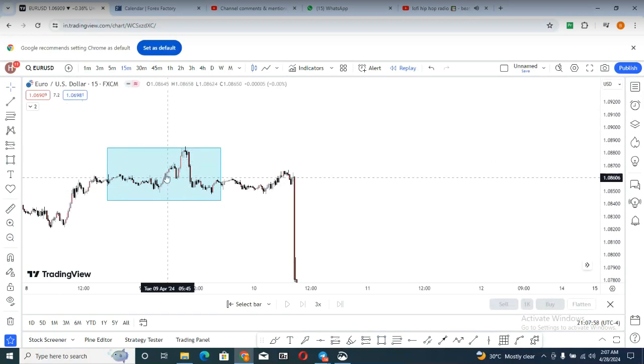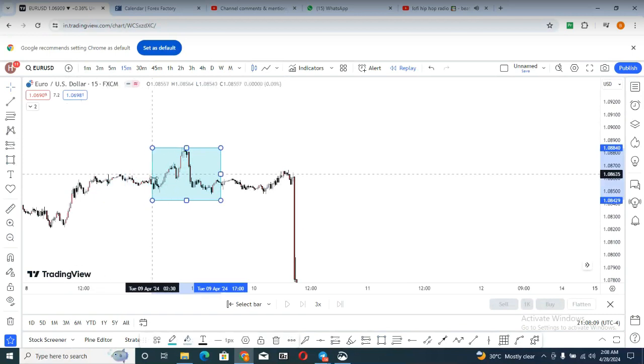This is a Tuesday candle. Where is the 7 o'clock? Now look at what price opened.